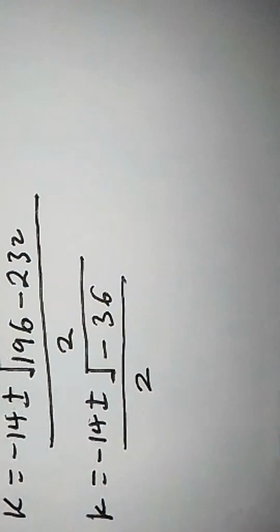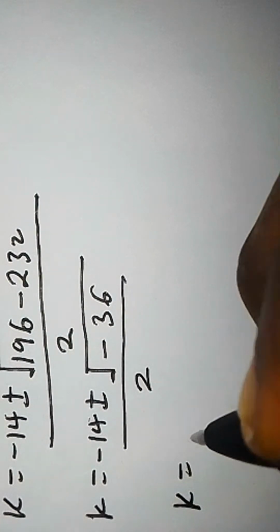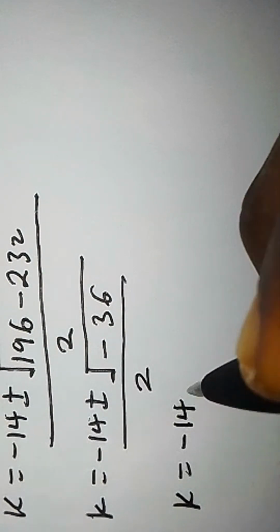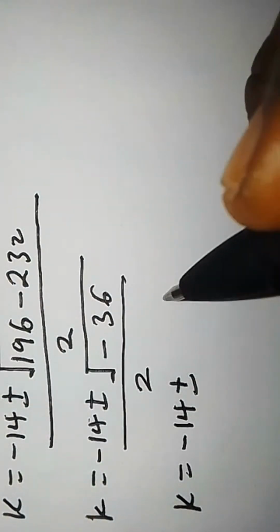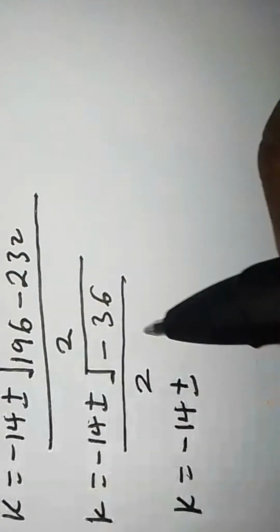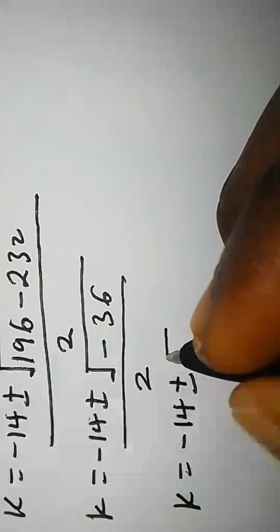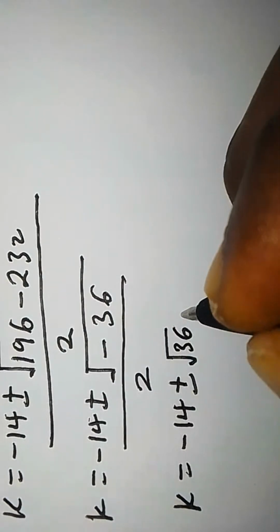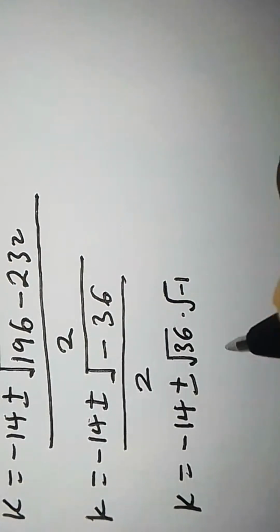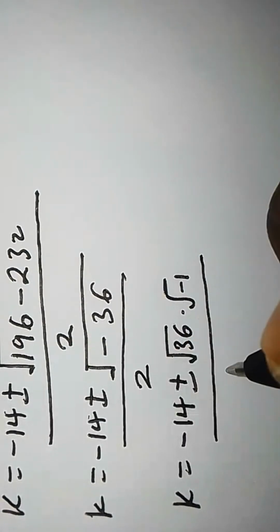Let's proceed further. I can rewrite the square root of minus 36 as the square root of 36 times the square root of negative 1, divided by 2.